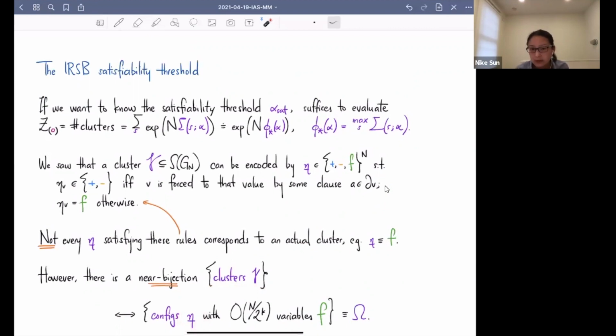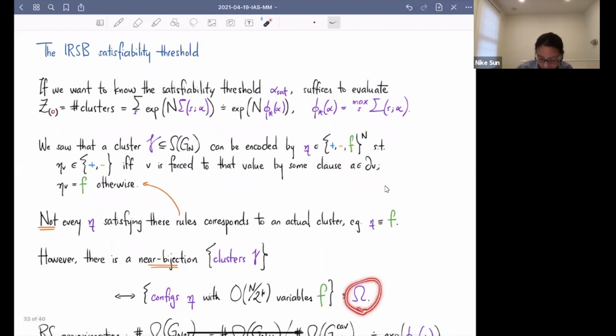So if you have too many free variables, it's reasonable to expect that this is not a meaningful configuration. But it's possible to argue that if you don't have too many free variables, then this should correspond to an actual cluster. So I will call omega the set of configurations which satisfy these rules and have this fraction of free variables.